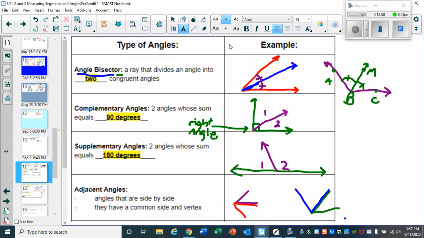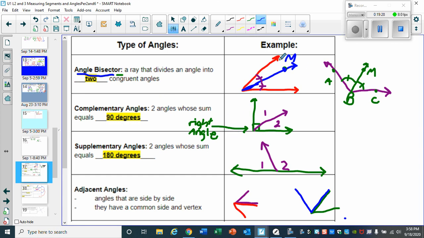Okay. Here's an example of angle bisector. The angle bisector, which is blue in this case, is going to be our midpoint M. Okay, sorry about that.